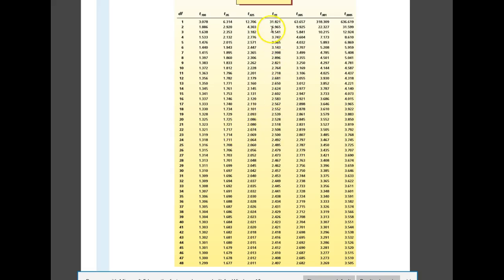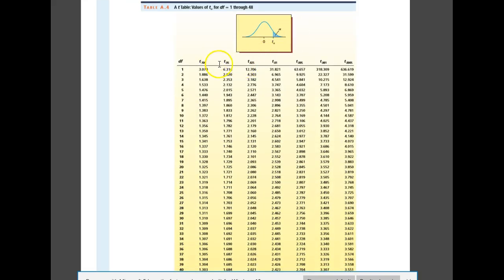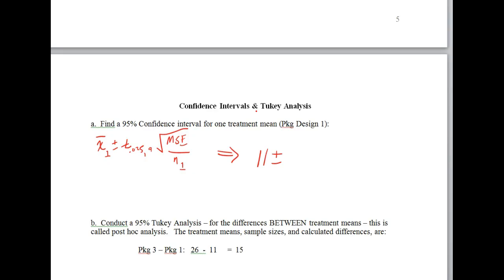So let's find that. This is our t-table. 0.025 and 9, so 2.262. Times our MSE, which from the table was what? Mean squares error was 2. And our n sub 1 was 4.